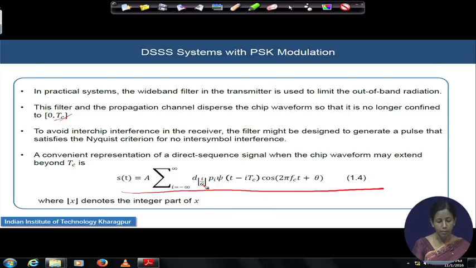This symbol indicates the integer part of the element inside it, and I can go from minus infinity to plus infinity, depending upon the dispersion that has happened. With the intersymbol interference, the chip waveform will look like this, and in the receiver you won't get the data typically for that instant, and the transmitted signal is definitely getting reformed by this spilled over signal.